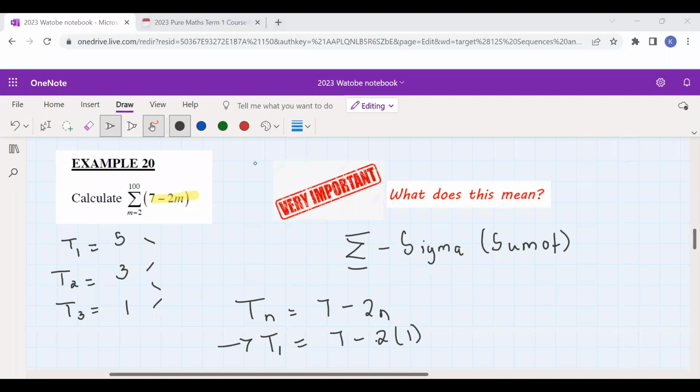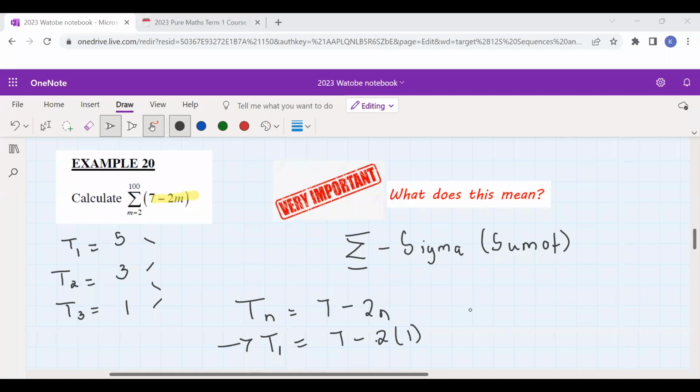Did you agree when I said Tn is what's in the bracket? Yes, ma'am. Right? So I wrote down Tn is 7 minus 2n. I just put an n where m was because we're not working with m. Do you get it? Yes, ma'am. And do you agree that every single sequence has to have a term number 1? Yes, ma'am. So we have to start at 1.